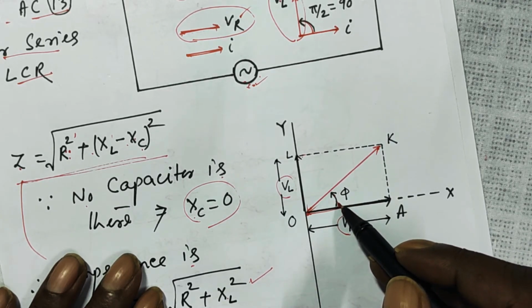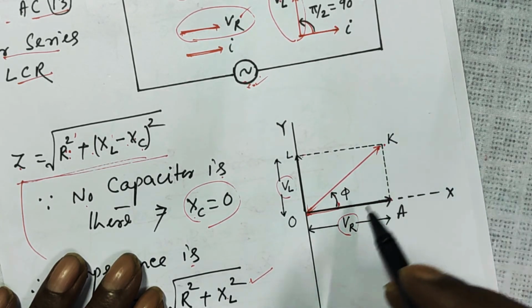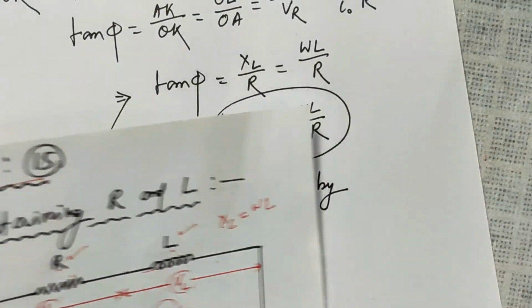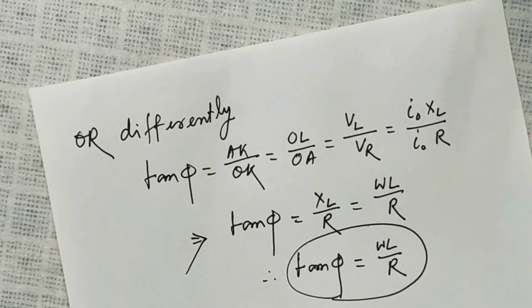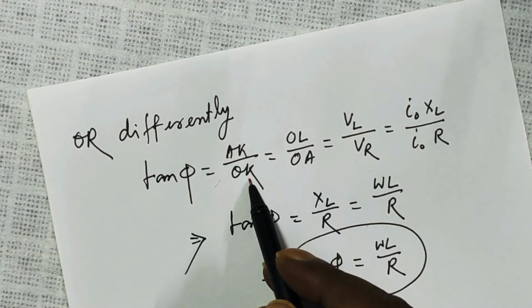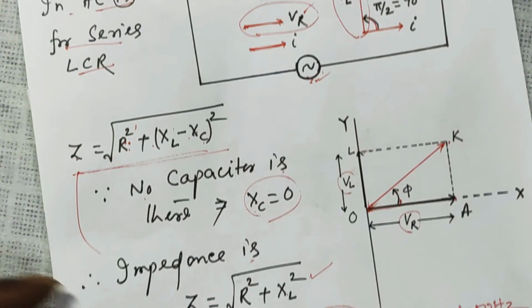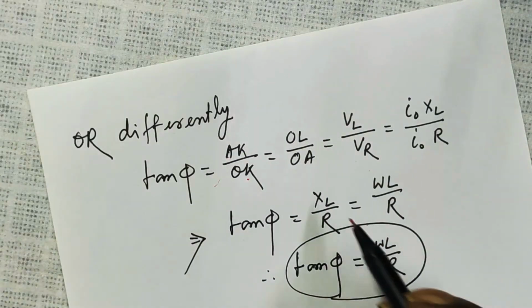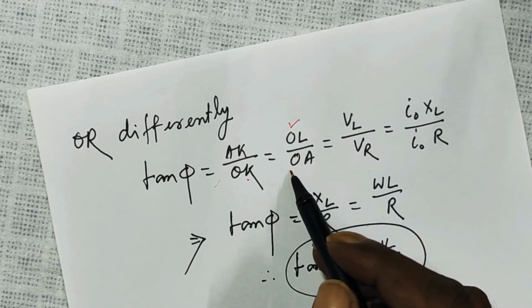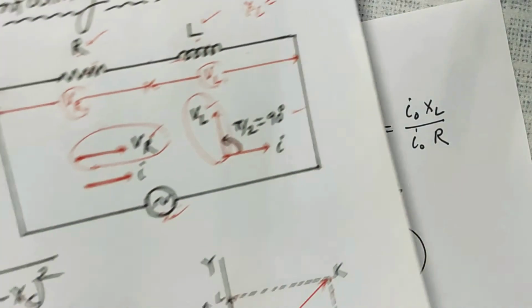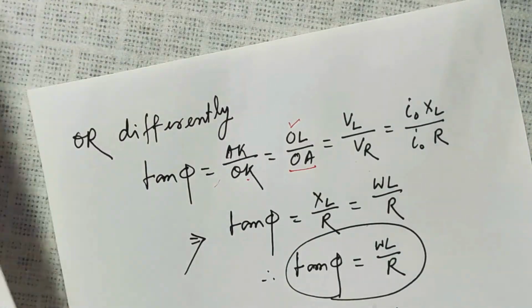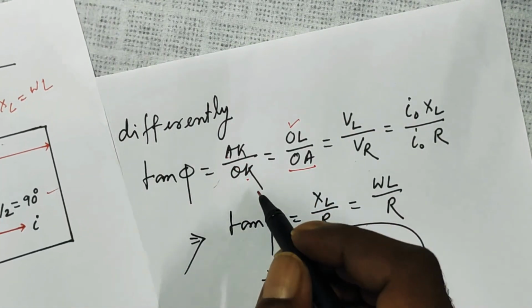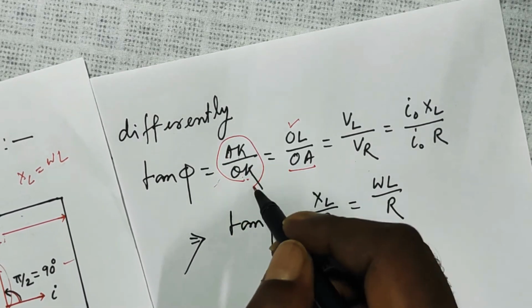So tan phi is equal to AK over OA. Sorry, I have made a mistake here.